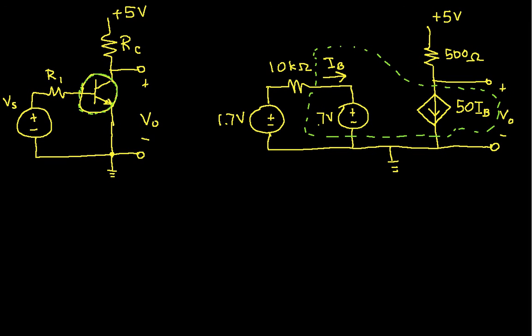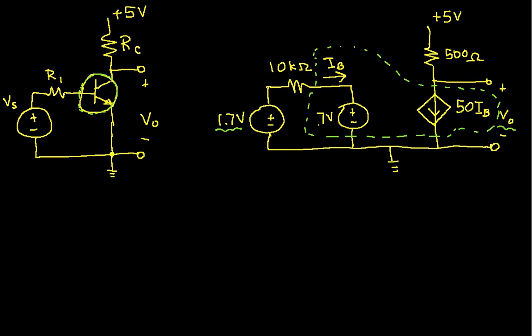In our case, because we're using this as an example of circuit analysis with a dependent source, this diamond, the current through it is 50 times I sub B. And the idea is that we want to just solve this circuit. I've arbitrarily set the source voltage to be 1.7 volts, and basically what we want to find is what the output voltage is here.